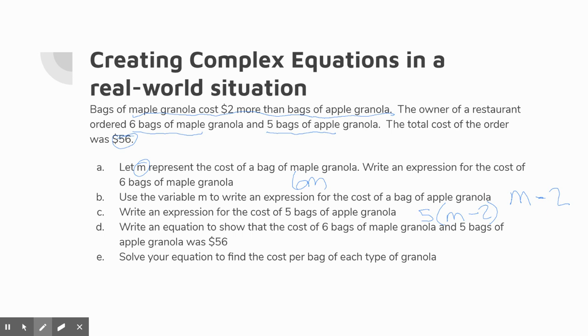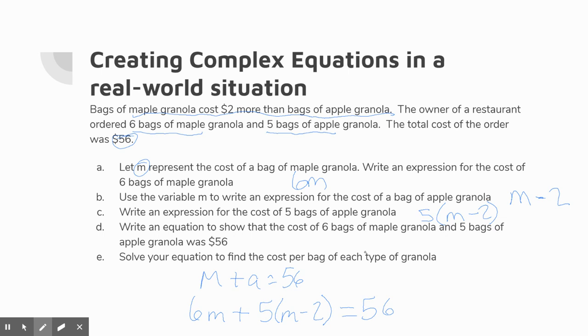So I've got to add them together: maple plus apple totals $56. So I know that 6M represents the cost of my maple, and 5 times (M minus 2) represents the cost of my apple granola, and everything totals $56.